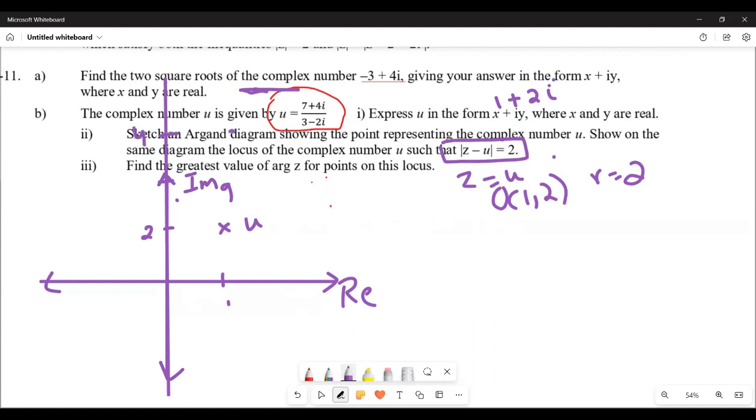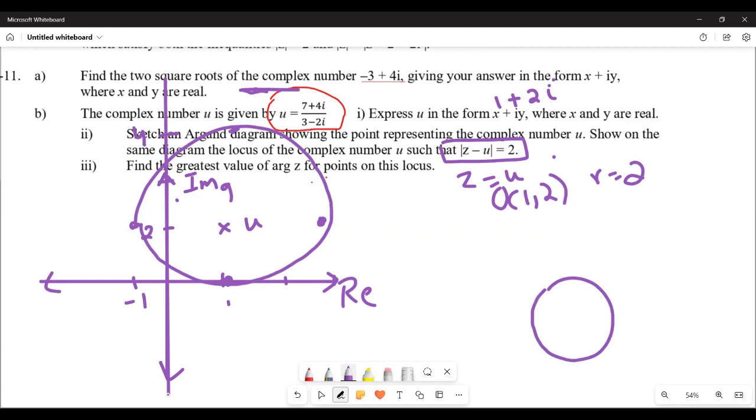So this will have a point here. And then this 2 needs to go till 0, we'll have a point here. Then it goes 2 to the right here and 2 to the left here. So we get a circle like this. You must use a similar scale on the x and y axes so that you get a proper circle.